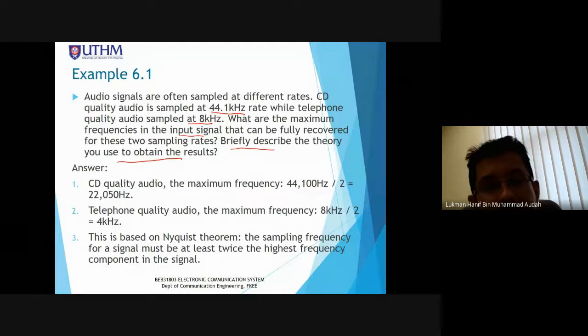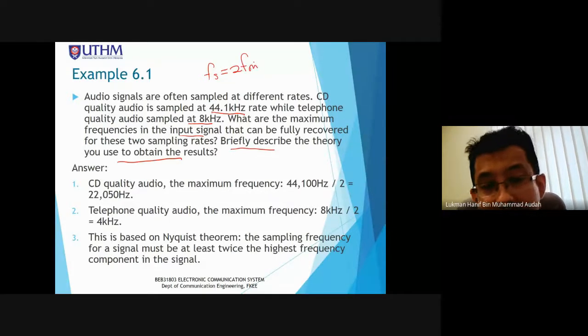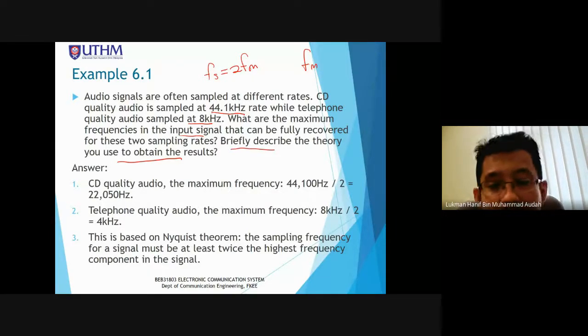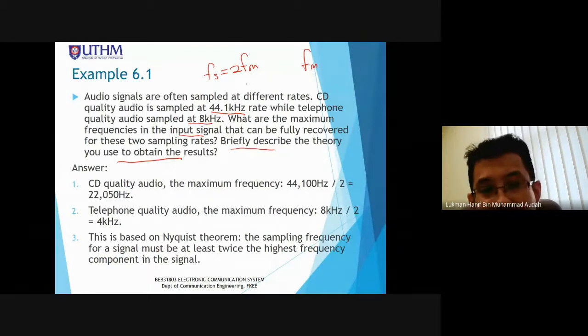So remember that minimum sampling rate is equal to 2 FM, minimum. Okay, so if you want to find the input FM, input frequency, that means we can divide Fs with 2. Kita boleh bahagikan 2, nilai sampling frequency kita bahagikan 2.